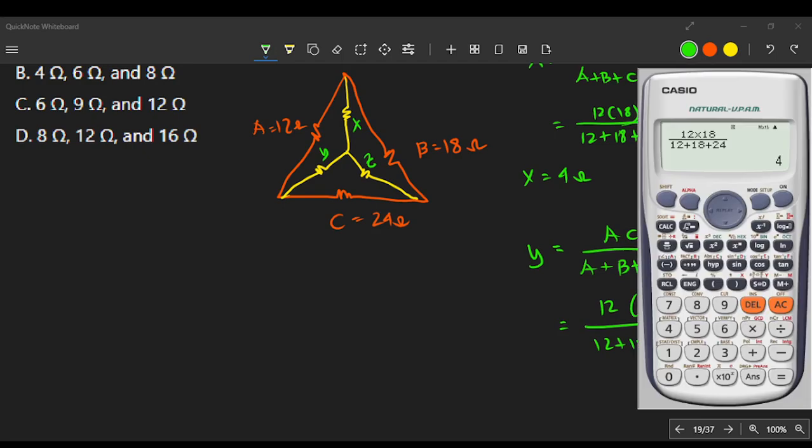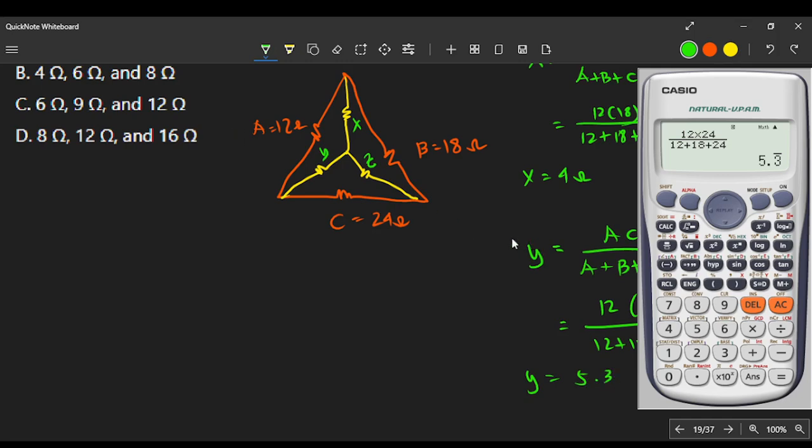Using our calculator, let's replace this above so it is easier to solve. We have 24, so that is equal to 5.3. So Y is equal to 5.3.